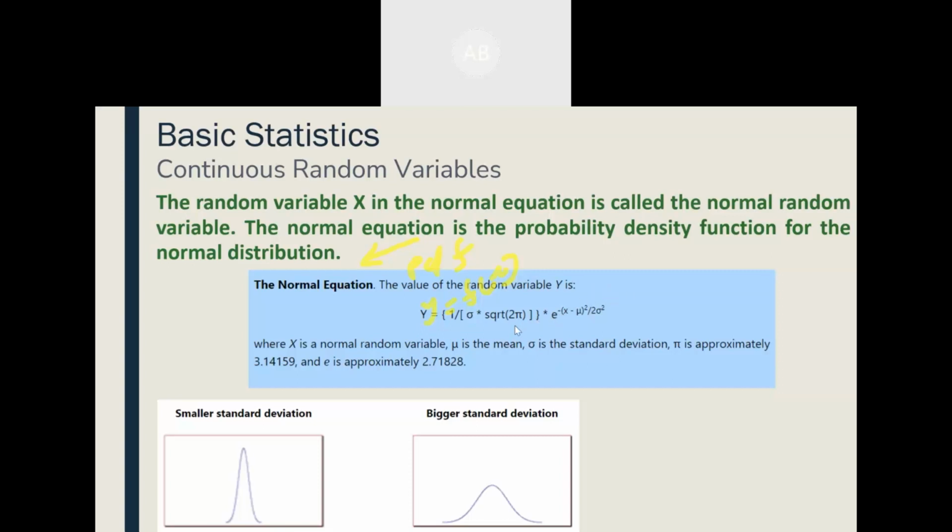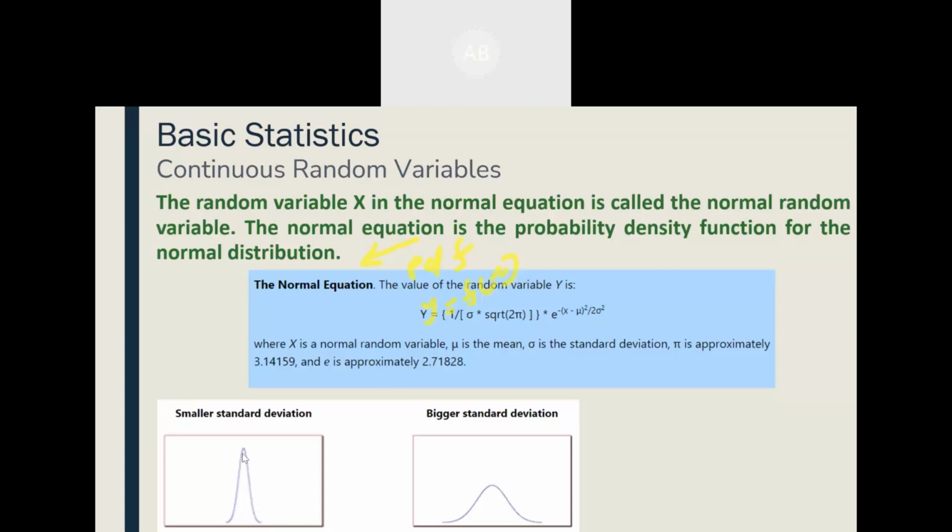In this case, we have this sigma, which is the standard deviation, and e is approximately equal to 2.71828, and pi has a value of 3.14. If you are generating data out of these parameters, feeding the standard deviation and your mean, which is the mu in this case, into the equation, you will get a function of y.